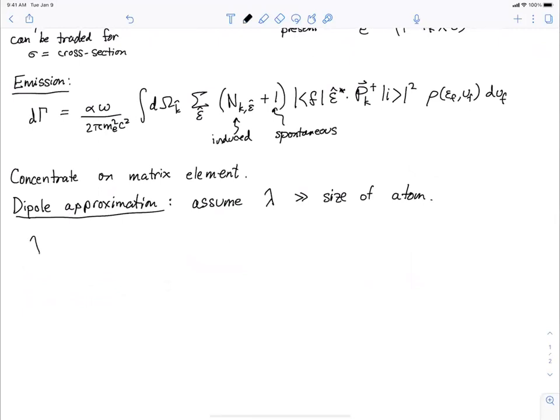So if I have the wavelength of the light, that's 2 pi c over omega. And now I'm just going to multiply top and bottom by h bar. The reason for doing that is now h bar omega in the denominator is the energy of the photon.